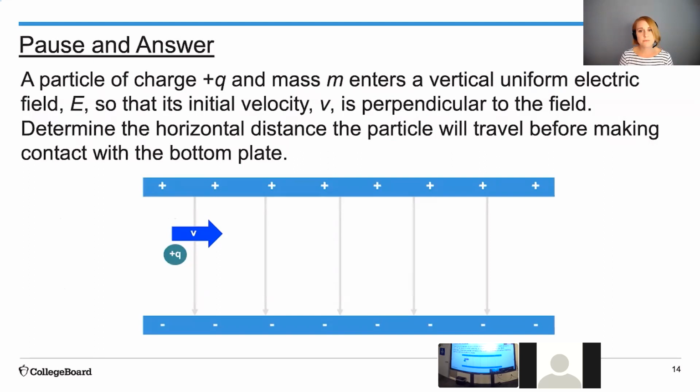Good, good. Finley, anything else that crosses your mind as you think through this problem? You said like relating to physics one topics, it kind of reminds me of the cannon problems. Mm-hmm. Yeah, we're gonna have to find the time so we can discover the range.